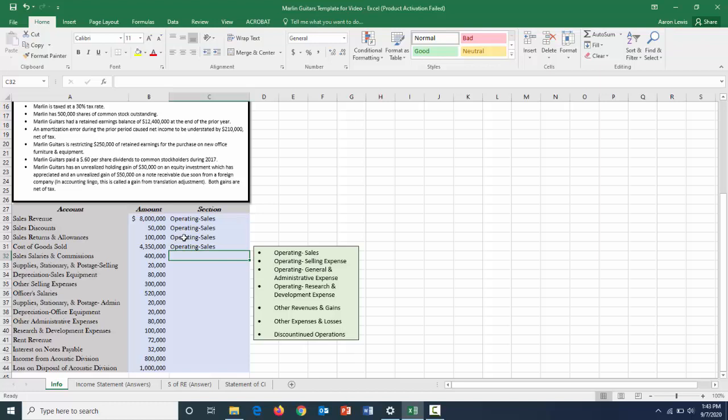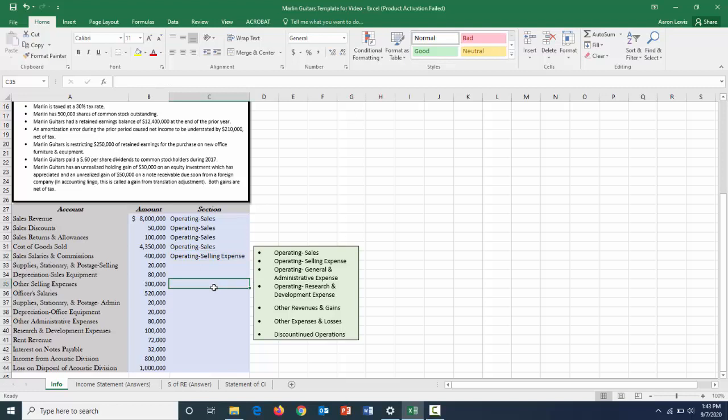The next thing we have on the list is sales salaries and commissions. That's what we're going to pay the people that sell our guitars for us, and that sure sounds like a selling expense to me. Sorry, let's fix that. This is going to go under our operating selling expense section.